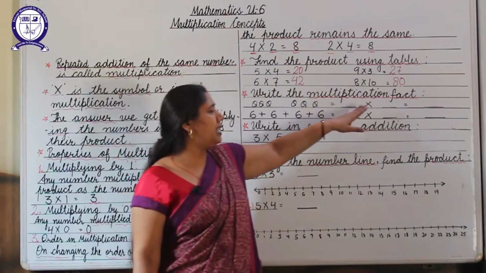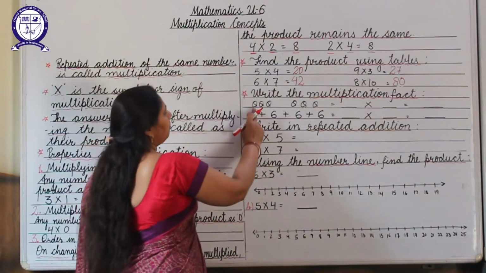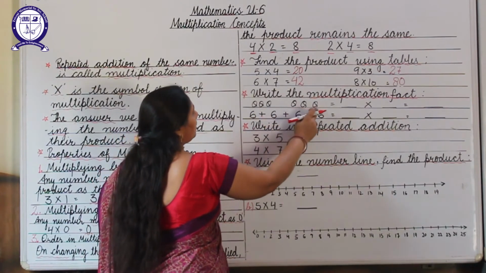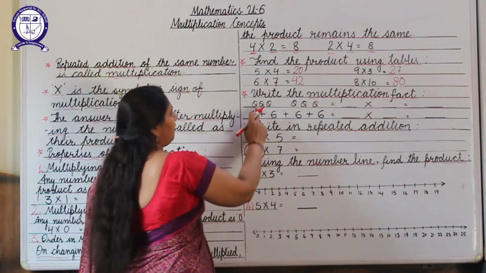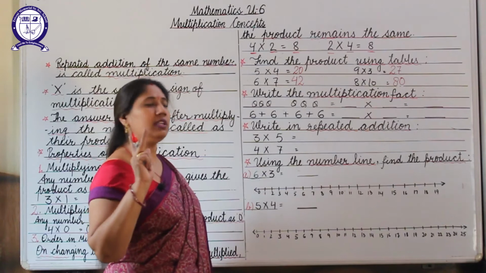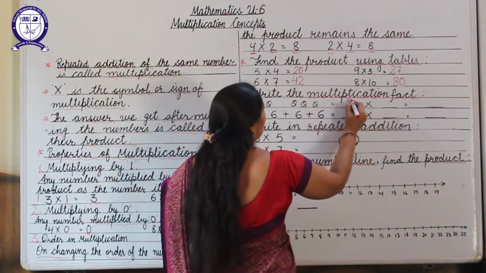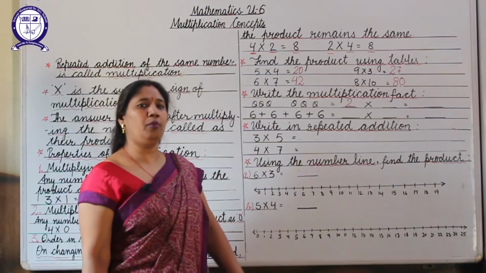Write the multiplication fact. We are given two groups of 3 balls. How many groups are there? 1 group, 2 groups, means 2 times. So we write 2 times. And how many balls are in each group?